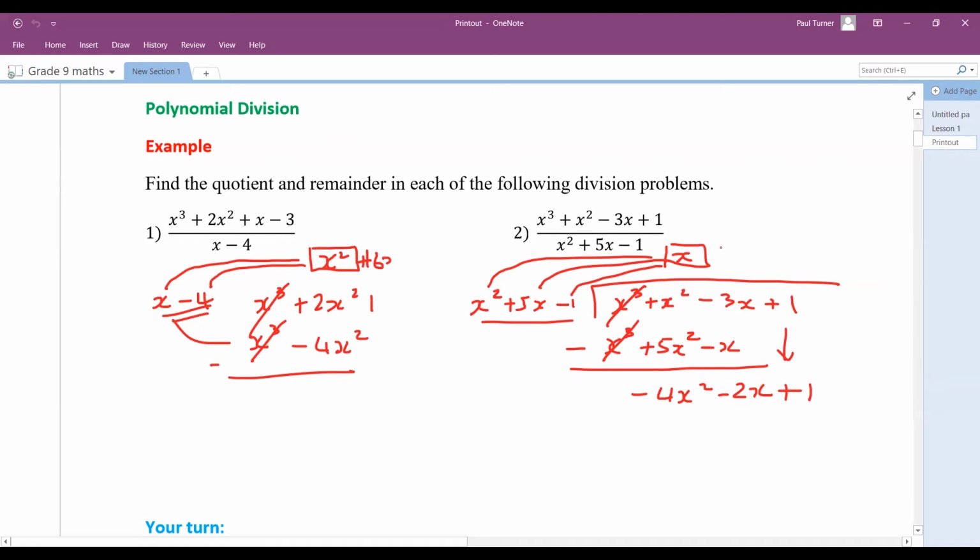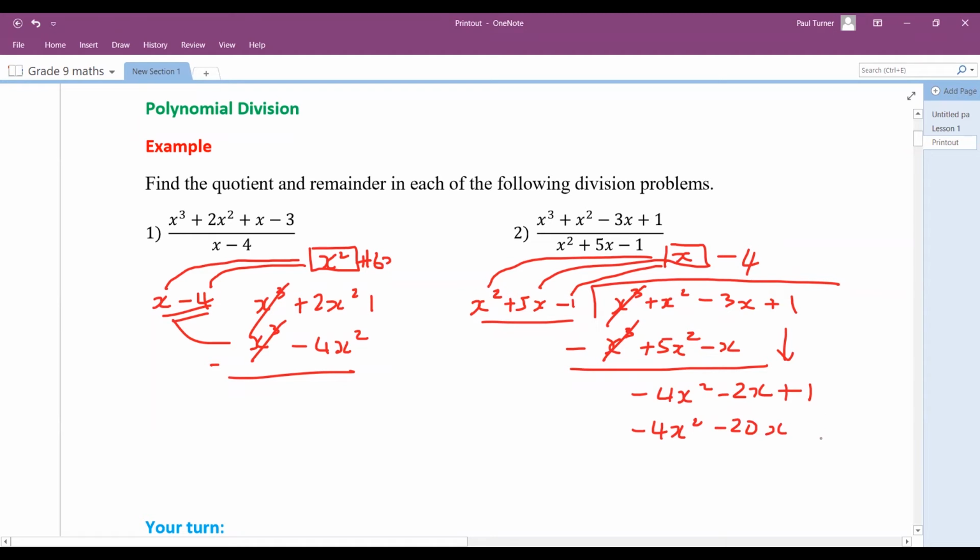Okay, so what number would go here then? We've got a minus 4x squared. Negative, and this is x squared. So this would be what? Negative 4. So negative 4 times x squared. Negative 4x squared. Negative 4 times, that was 5. So that's negative 20x.